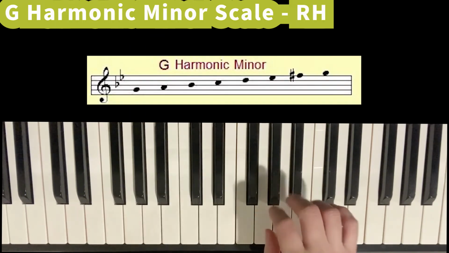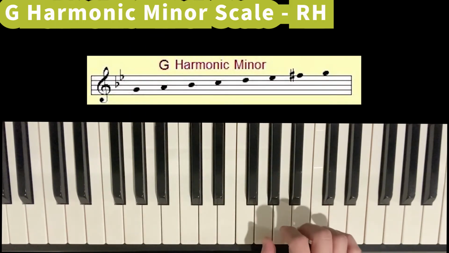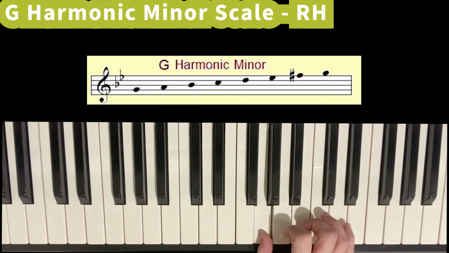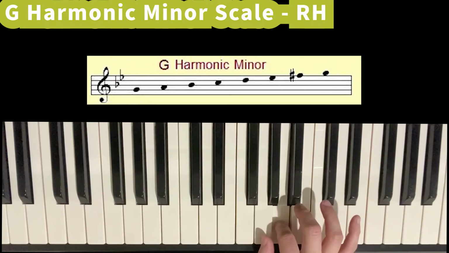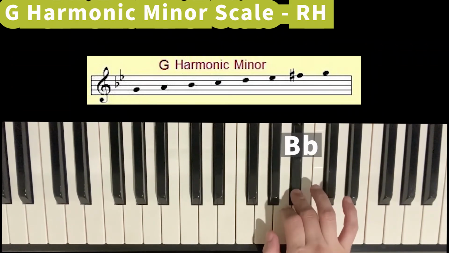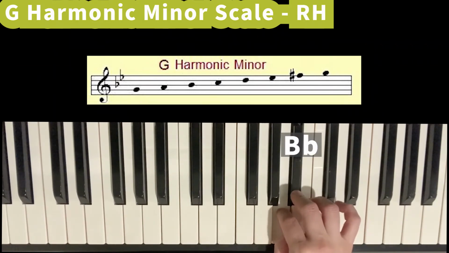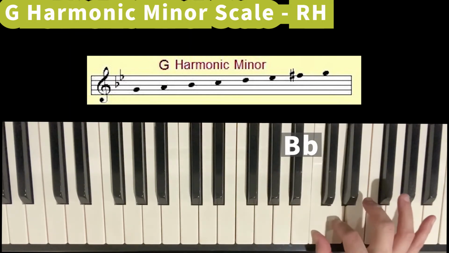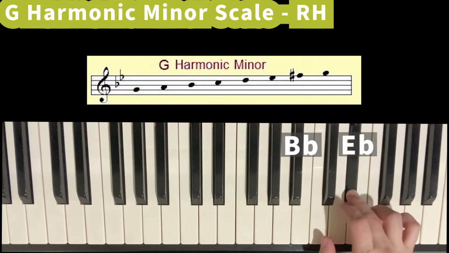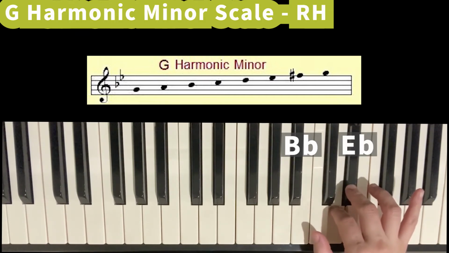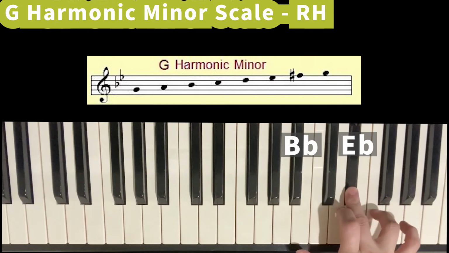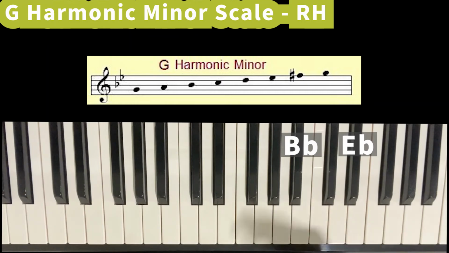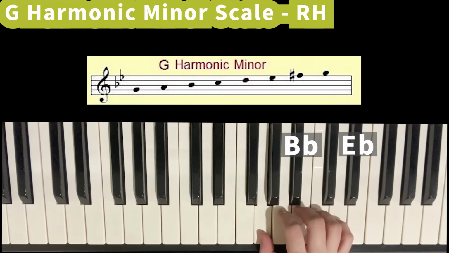Like I said in C minor, G minor would start with G, of course, the name of the key, then a whole step, a half step on 2 and 3, and then whole steps, then a half step on 5 and 6 and a whole step. This is natural.